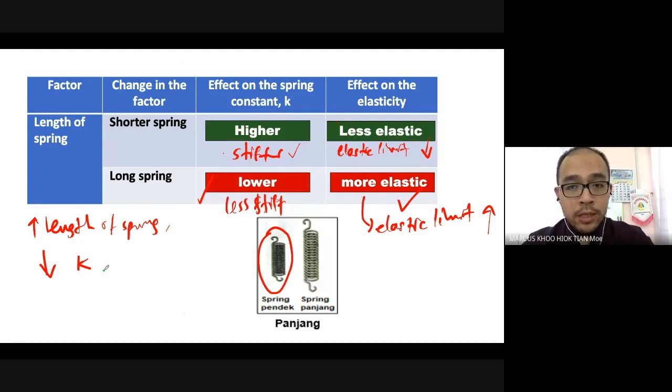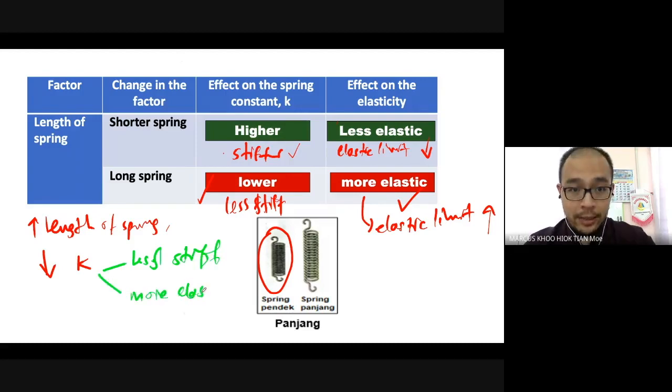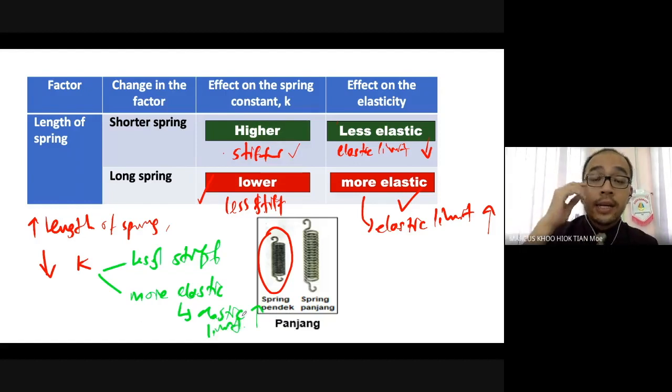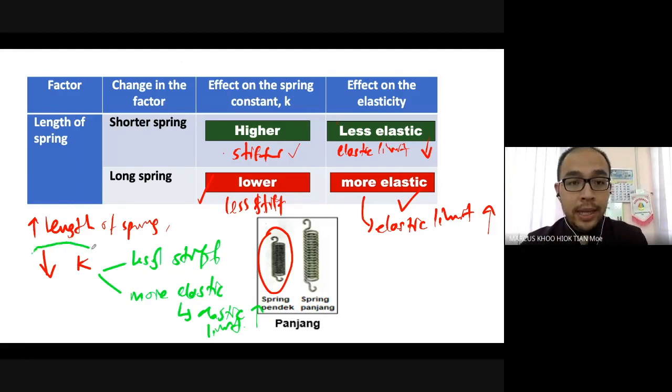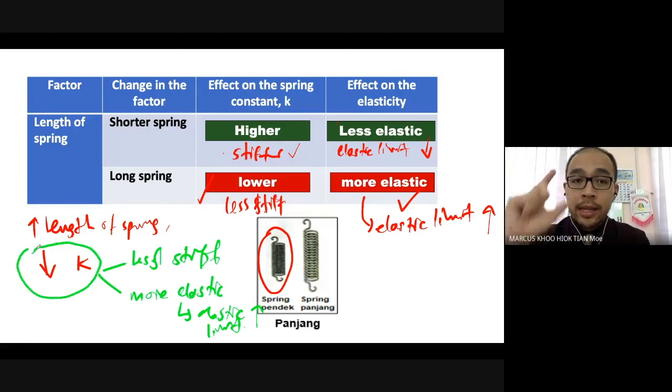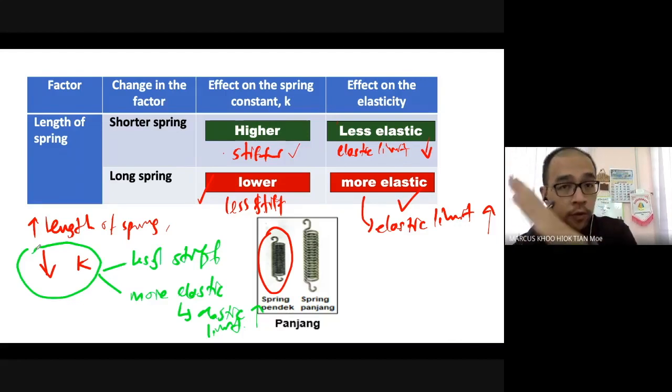Lower spring constant means less stiff, and dia punya kawan adalah more elastic. More elastic means dia punya elastic limit adalah higher. So there's all this information that comes by just saying that dia punya spring constant adalah lebih kecil. So follow that direction.